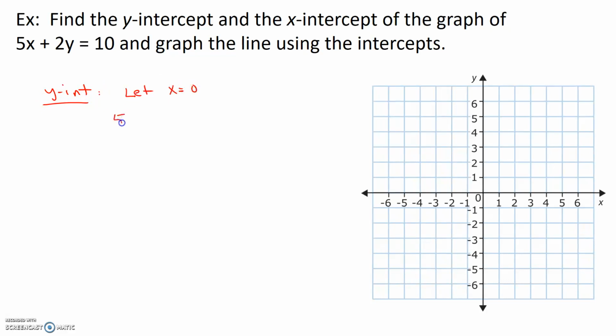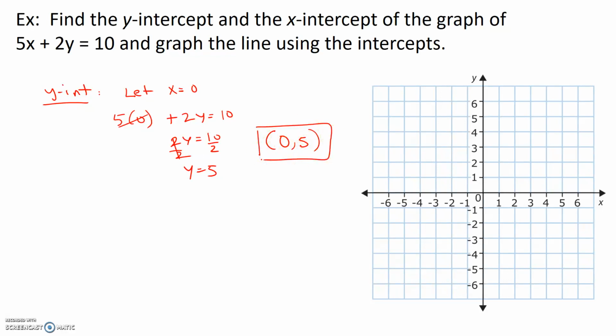So this means x will be 0. Anything times 0 is 0, so we would get 2y equals 10. And if we divide both sides by 2, we will get y equals 5. Now we have to be careful. The y-intercept is an ordered pair. It's a point. So we have to write this as the point (0, 5).